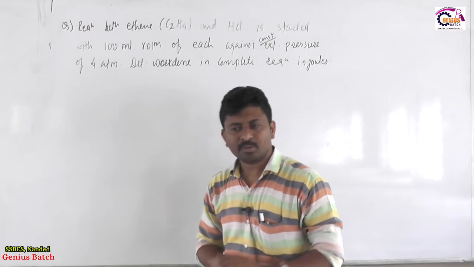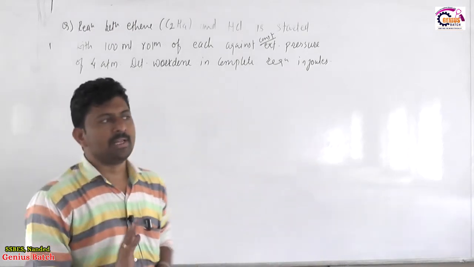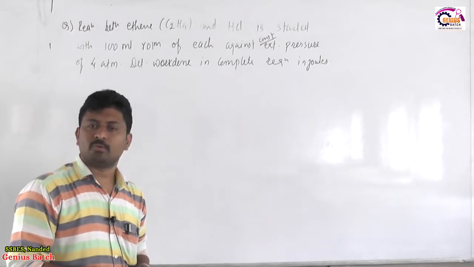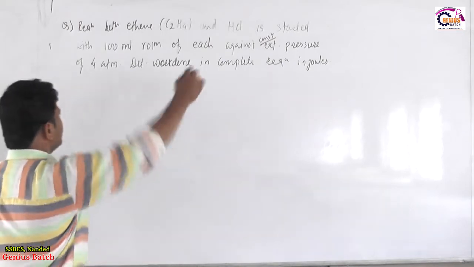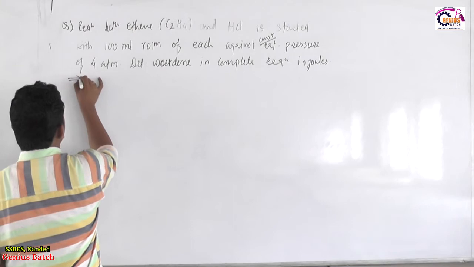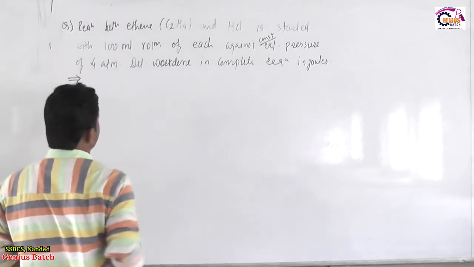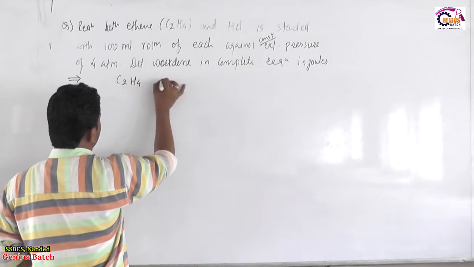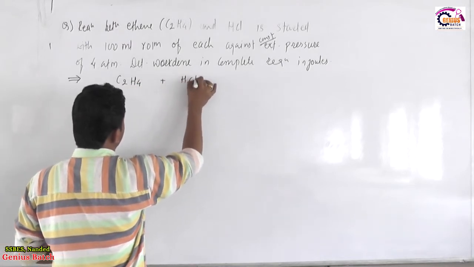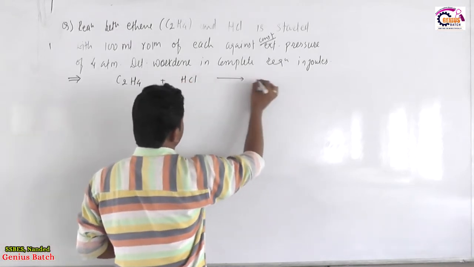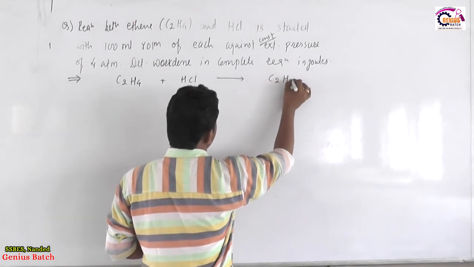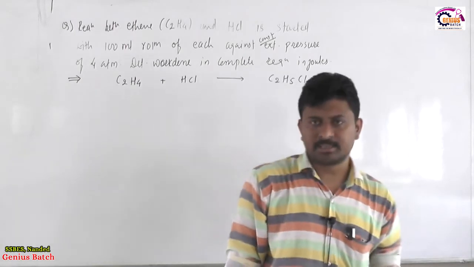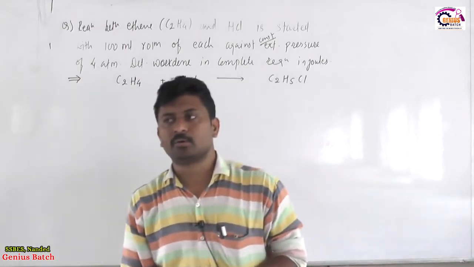Now what else do we require? We require V1 initial and V2 final volume for work done. So for such a question we need to set up the reaction equation first. The reaction is between C2H4 plus HCl producing C2H5Cl. Ethene when combined with HCl converts to ethyl chloride.